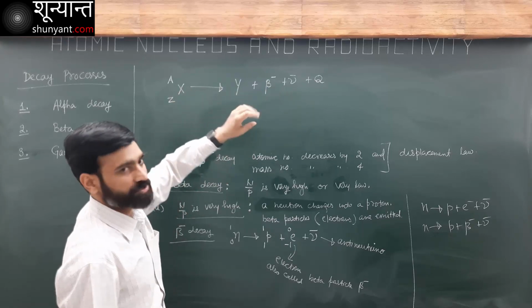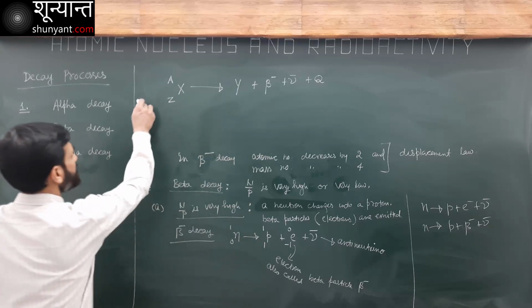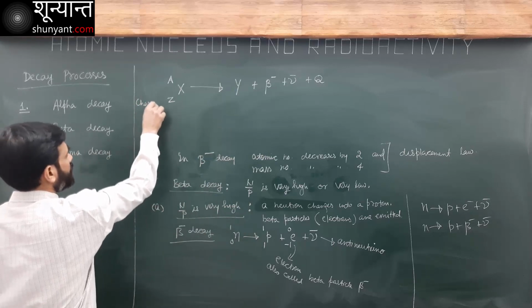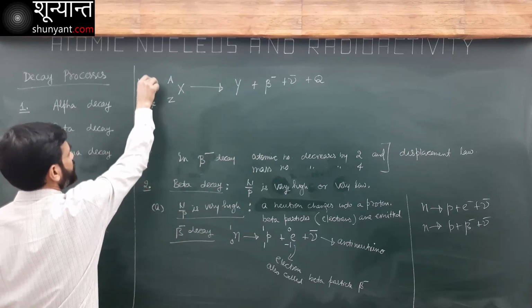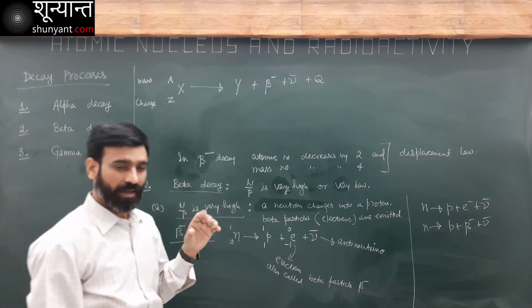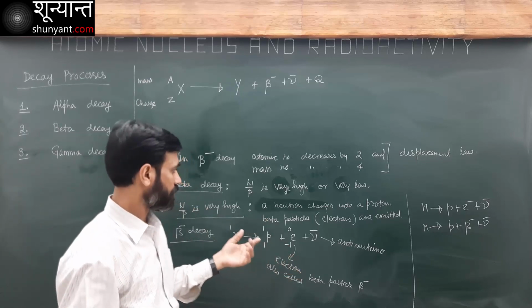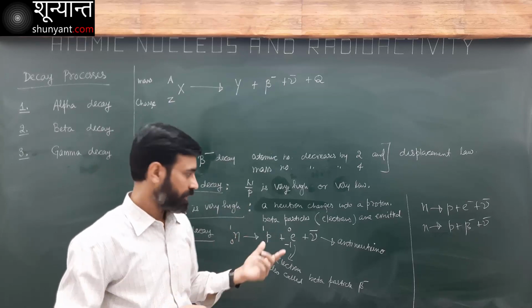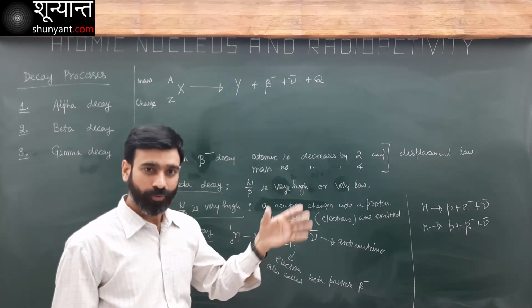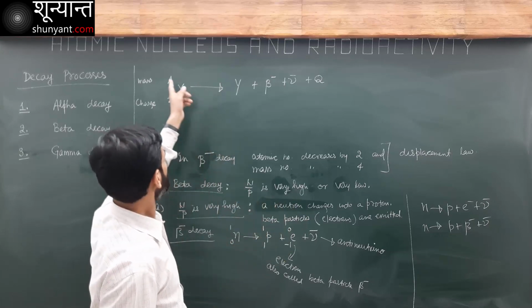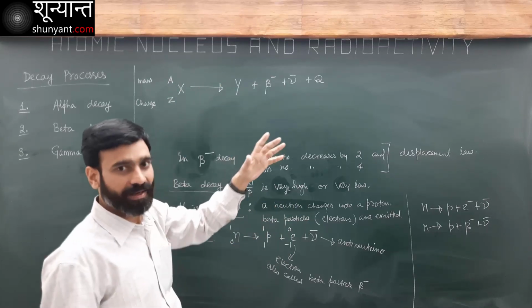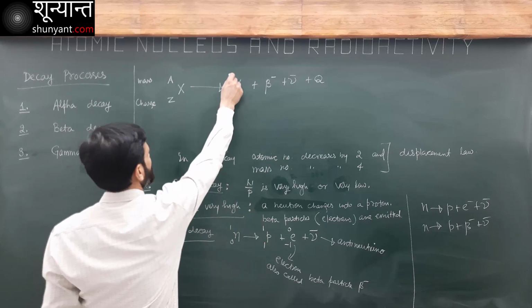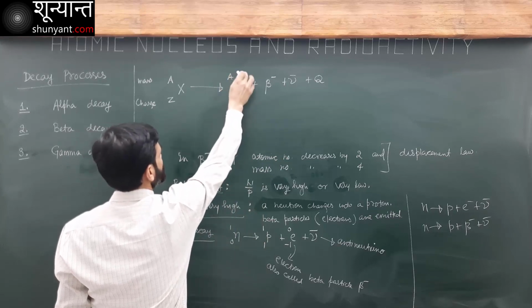So we represent everything like this. Now let's balance the charge and mass. This represents charge and this represents mass. Electrons have very small mass, so since neutrons and protons are involved here, we can ignore the mass of the electron. So the masses are already balanced, and there is no need to change this.